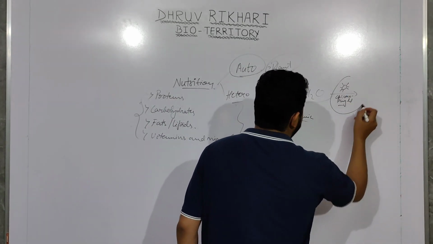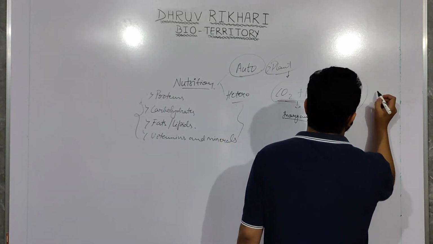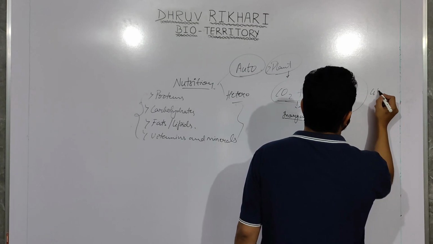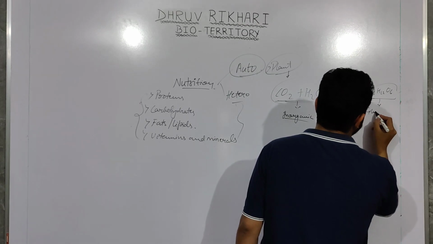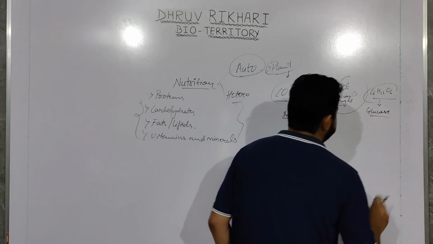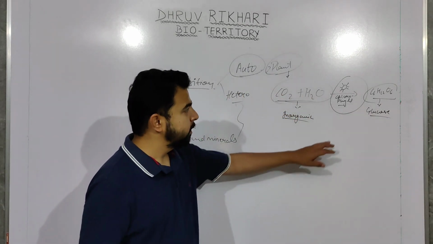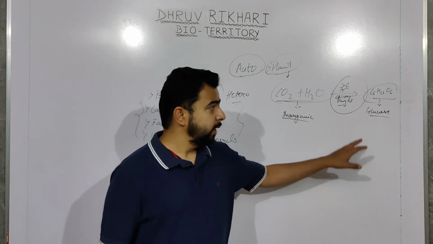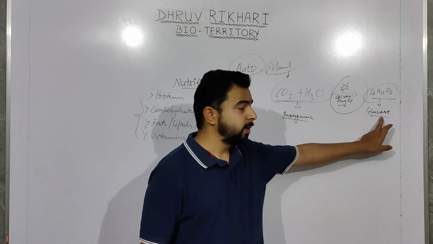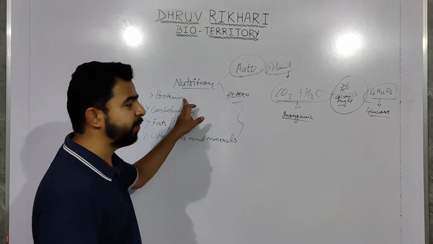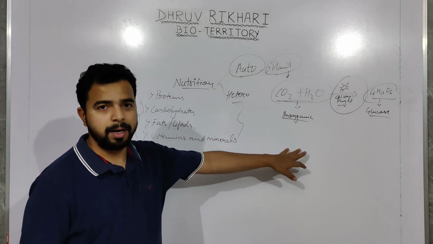And with all these things, we will get the product glucose. Now glucose is basically a simple sugar, a 6 carbon molecule. And this 6 carbon molecule which is formed is the nutrient source for a plant.